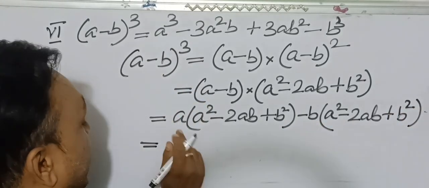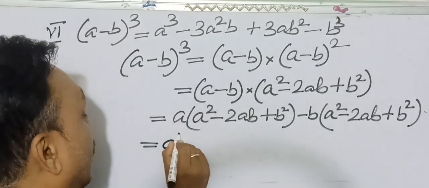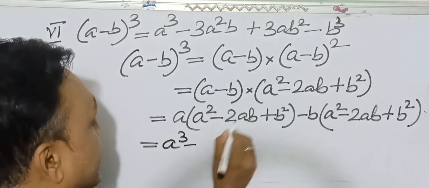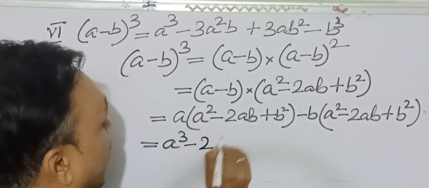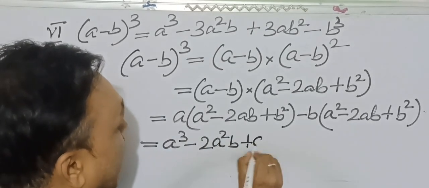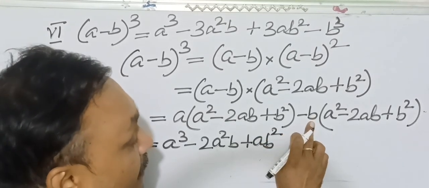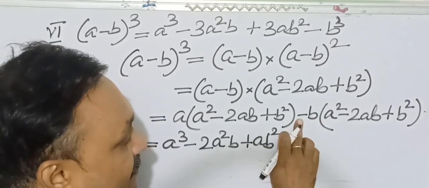Now if we multiply with a, the whole thing, then you will get a³ − 2a²b + ab². Here you have to keep in mind that you are not only multiplying with b, you are multiplying with −b.